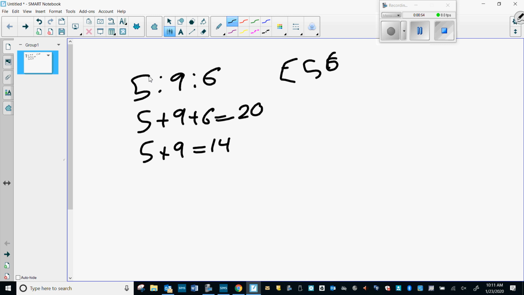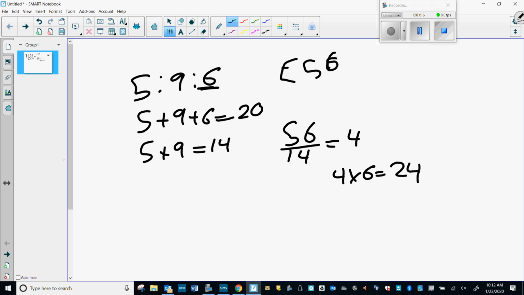So I then divided 56 by 14 to get 4, and times that by 6, which is from the ratio. That's how much money Leela had in the ratio. So I times that 4 by 6 to get 24.